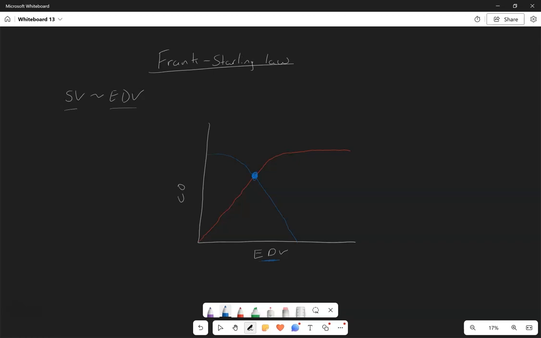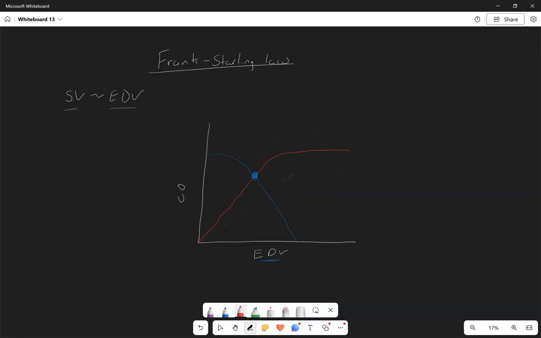Now, we can modify these graphs a little bit by changing a couple of different things. We can change the contractility of the heart. We can decrease contractility of the heart, and it looks something like this. Or we can increase contractility of the heart, and it looks something like this.